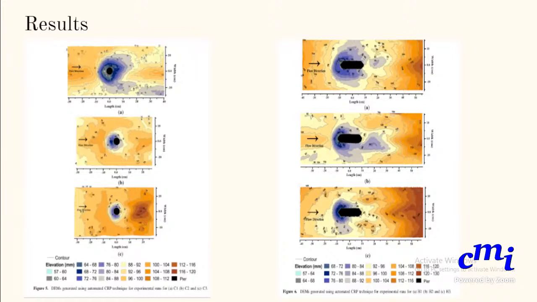As you can see, the more we move away from the scour hole, the more elevated it is. But for the flow direction, where the flow started, the elevation is higher than in the later part.